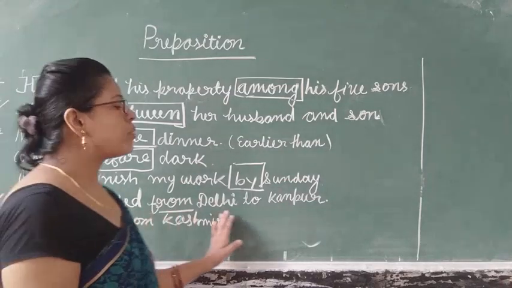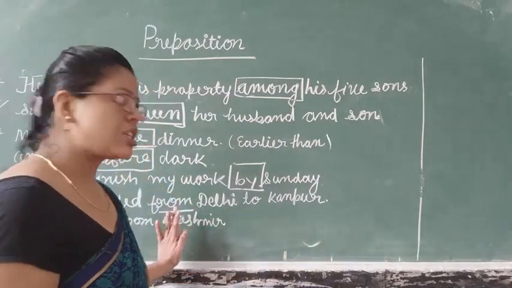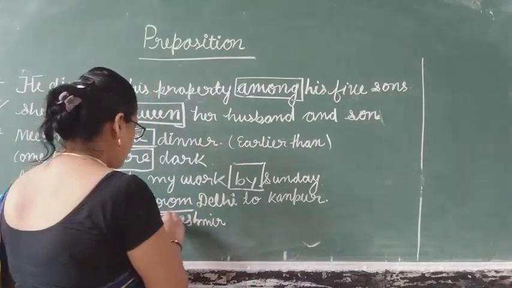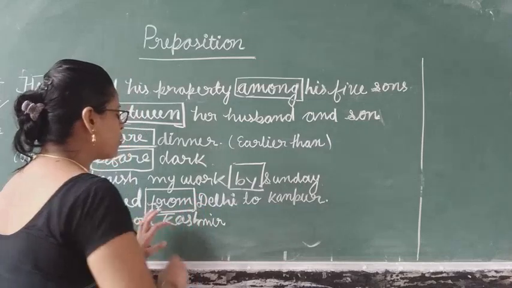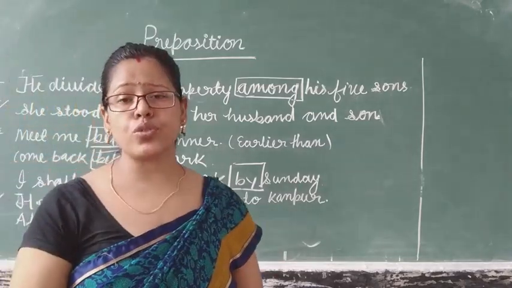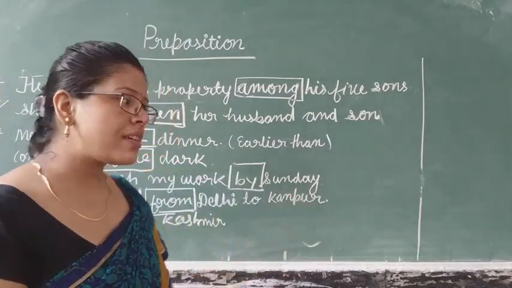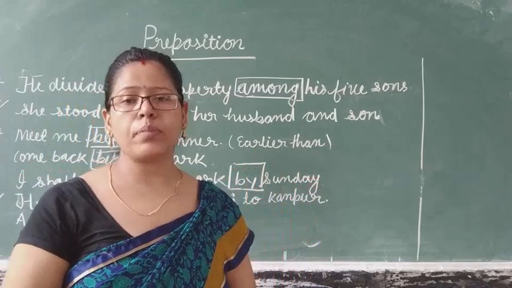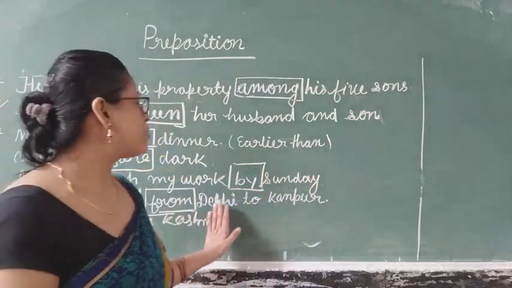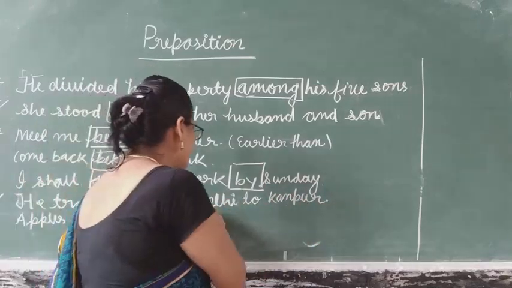Now let's move ahead to another example. He travelled from Delhi to Kanpur. Is it correct or wrong? Yes, it is correct. What preposition have I used here? From. Why? Because the preposition from is used to indicate the source, or the starting point of a place or anything. What is the starting place?